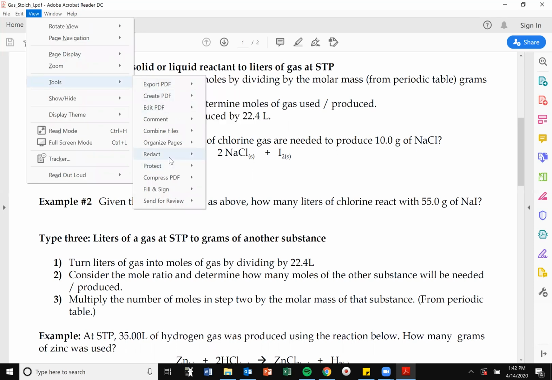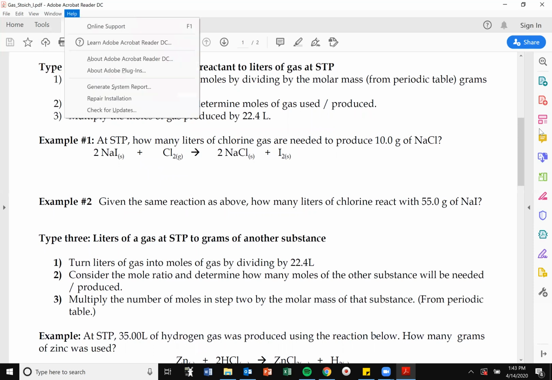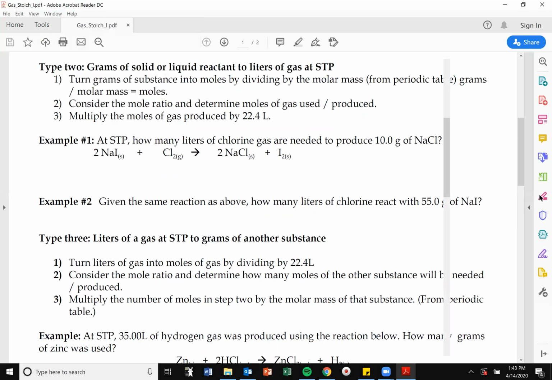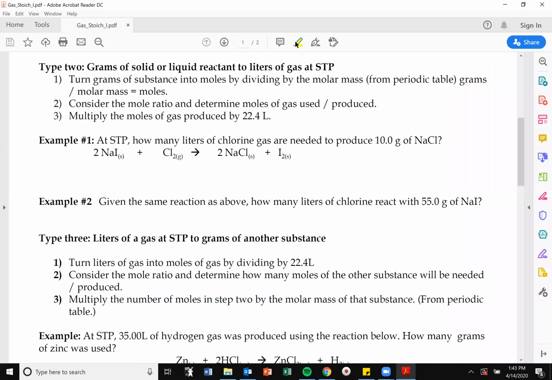I'm going to try one more time to write directly on this. Let's see here. I figured this out the other day. Let me just rant for a second. This is Adobe Acrobat, which back in the day, they were like the first people to do PDF documents. And this is their editor.